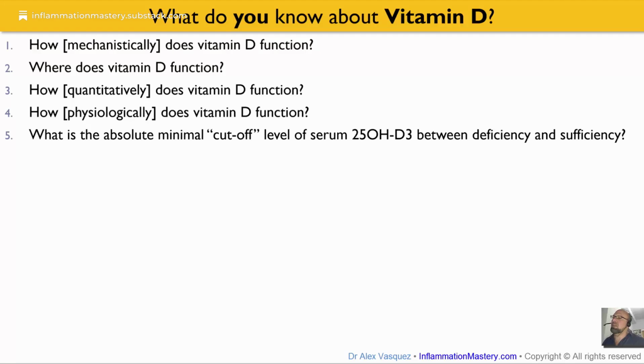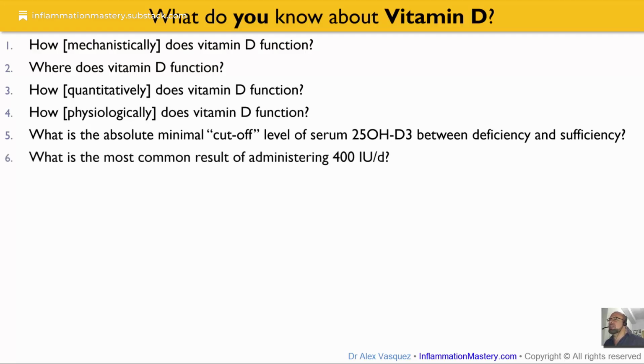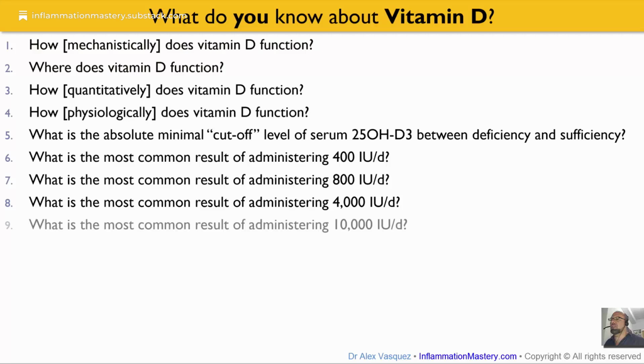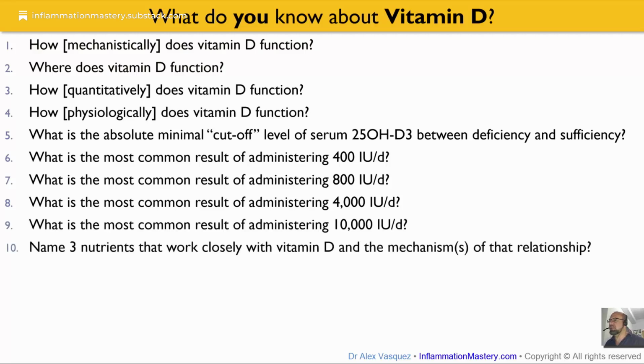And just like I said in part 1 video and the part 2 video, we could be off or we could have disagreement within certain percentage points, but let's say within 10 or 20%, we ought to all be on target and in agreement with what is a good cutoff number for optimal 25-hydroxyvitamin D. What's the most common result in adults of administering 400 international units? What's the most common result of administering 800 international units, 4,000 international units, and 10,000 international units?